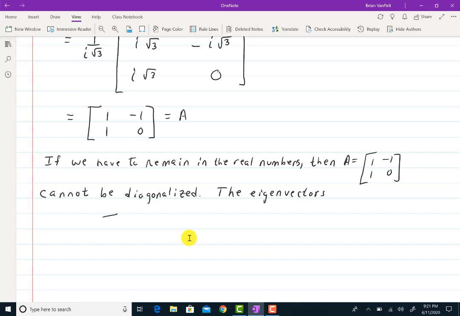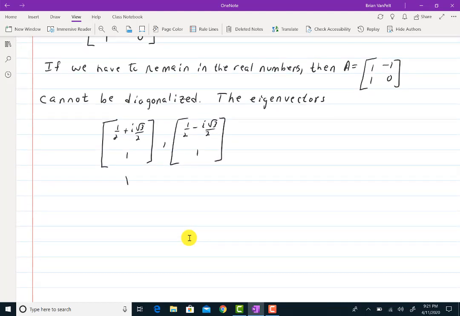So the eigenvectors were what? We had 1/2 plus I radical 3 over 2, 1, and its conjugate, 1/2 minus I radical 3 over 2, 1. So remember, this was the vector, and this one here is what we called its conjugate.